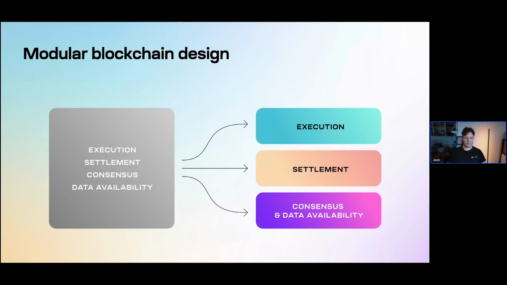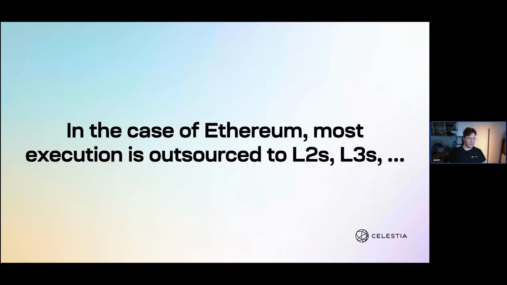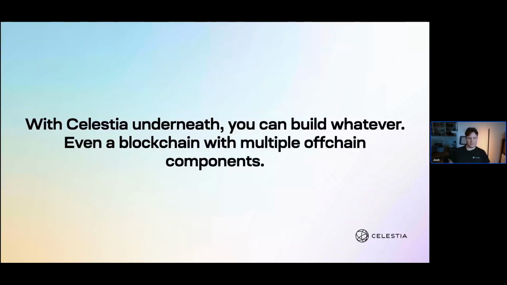I guess we can think of Ethereum as being a modular blockchain, where in the case of Ethereum, I would say most of the execution is outsourced to L2s, and now we're even seeing L3s getting a lot of use, especially with very low gas fees. So that might be a stretch, making that claim, but with Celestia underneath, you can build whatever, even a blockchain with multiple off-chain components.